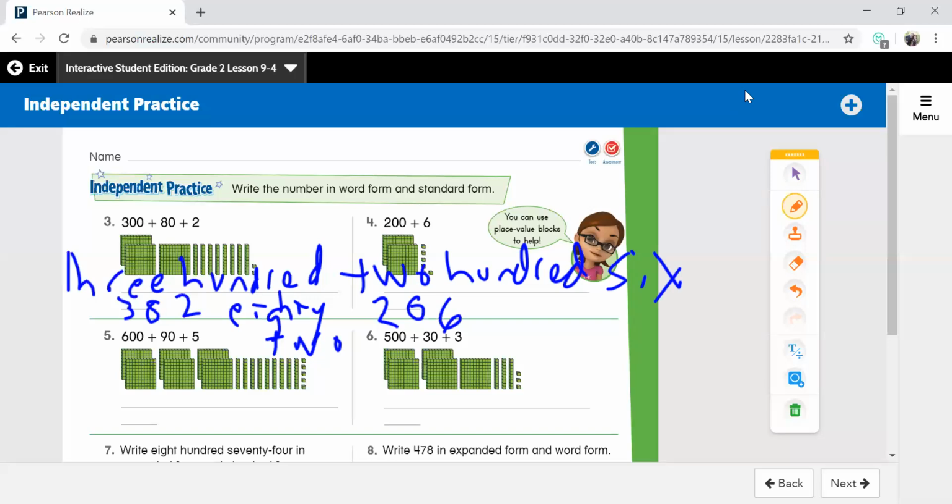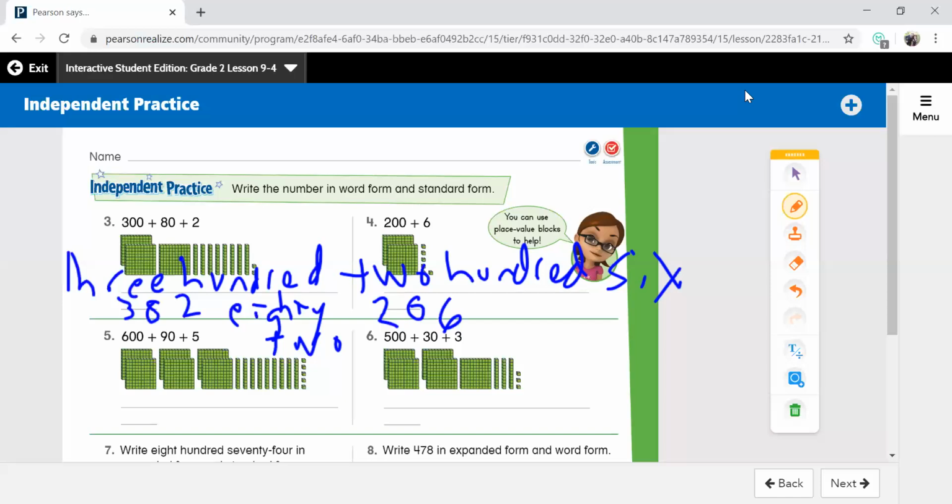You only have to give me the standard form. If you're able to write it, that would be wonderful, but I know it's a little difficult sometimes to write in the drawing portion. I hope you learned how to write a 3-digit number in standard form, 206, expanded form, 200 plus 6, and word form.